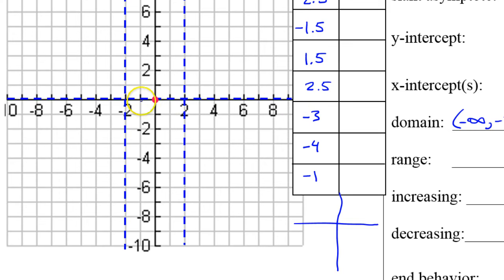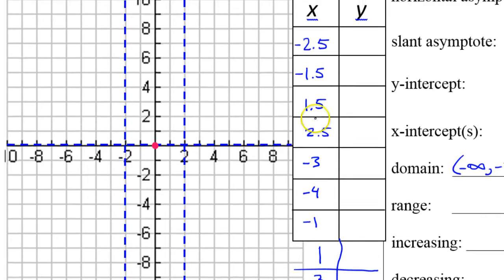So I said I'm going to do -1. I've already got that point. I'm going to do +1. To the right of the asymptote, I've already got the decimal, so I'm just going to do a couple more. So I'll do 3 and 4. All of these x values would be a good crop of points to use.